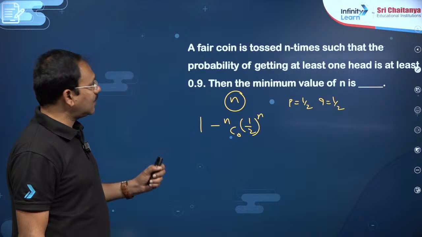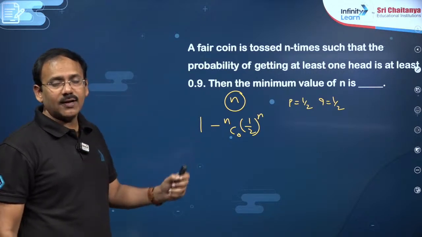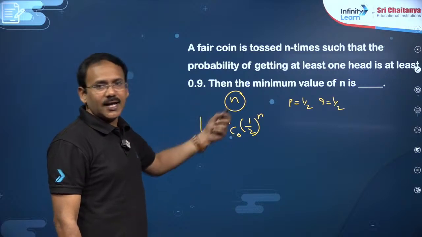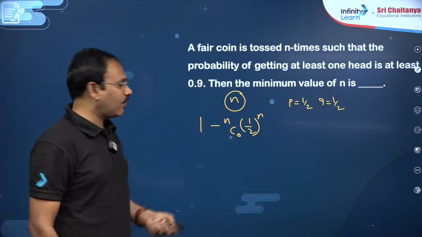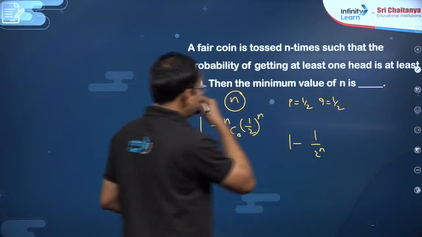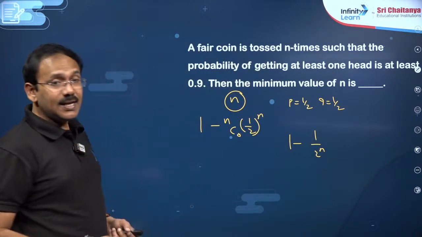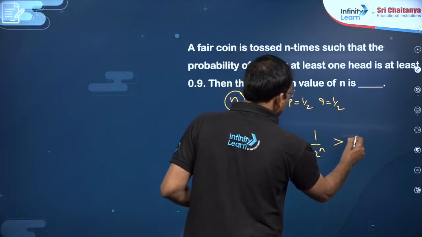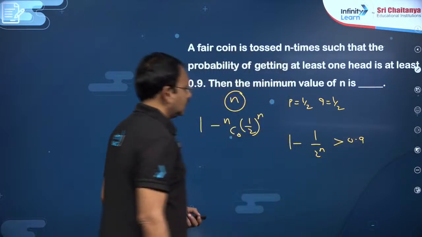The probability of at least one head means total minus no head, all tails. That means 1 by 2 to the power of n. That is 1 minus 1 by 2 power n. This must be at least 0.9.